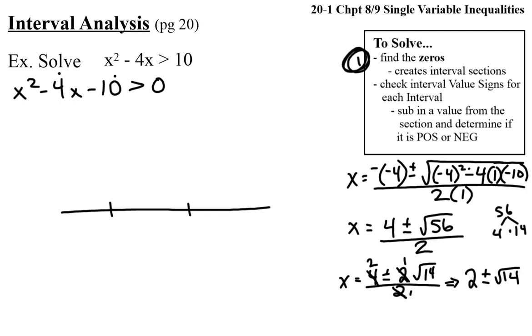So that means our 2 interval points, one of them is at 2 plus root 14, and the other one is at 2 minus root 14.